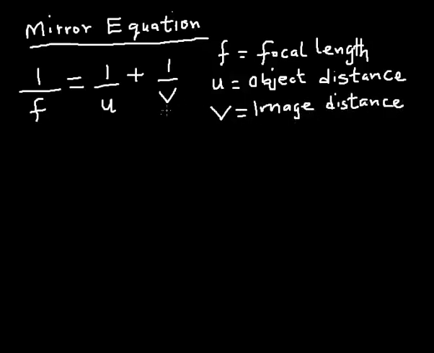So the image distance depends on the object distance and the focal length. Why? Because if I want to get the image distance, it all depends on the position of the object and the focal length of the mirror.